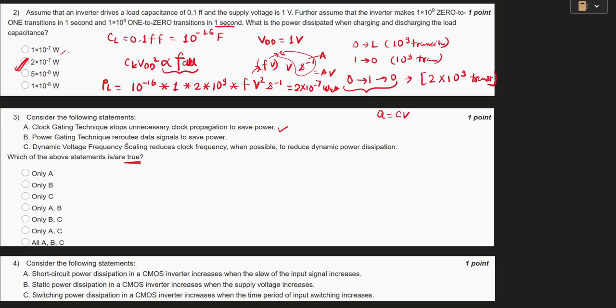No. Power gating actually switches off, I mean disconnects, our logic from the VDD, from the supply line whenever it is not required. It doesn't reroute the data. So this is not a correct one. And dynamic voltage frequency scaling reduces the clock frequency when possible. Yeah, this is correct. So options A and C are correct. So this is the correct option here.